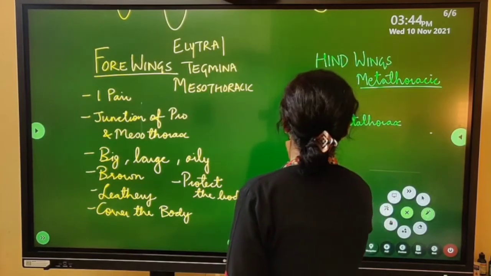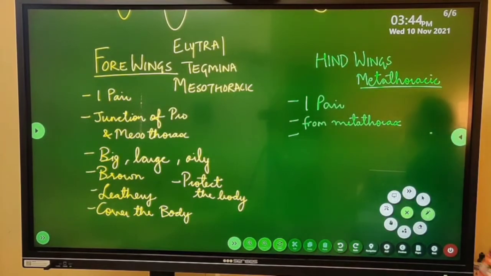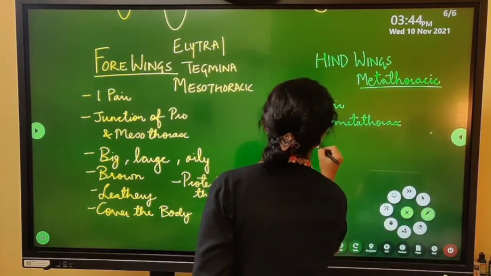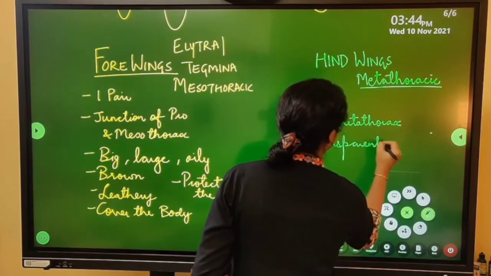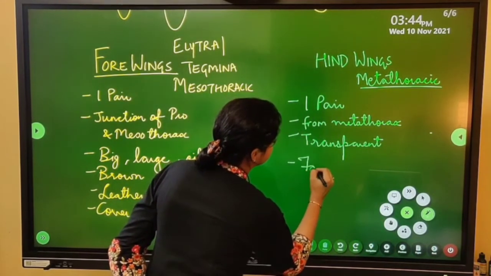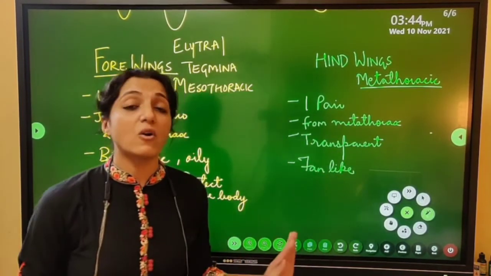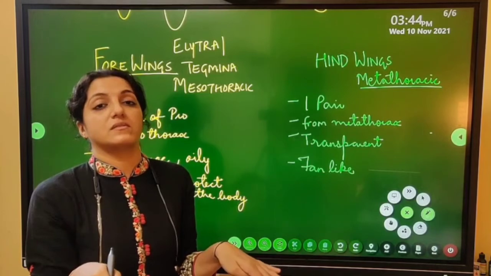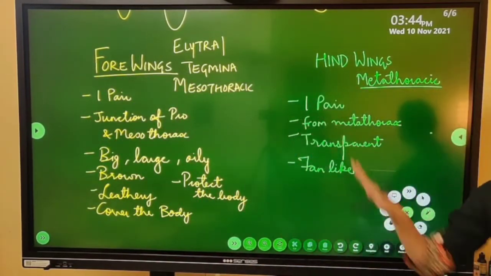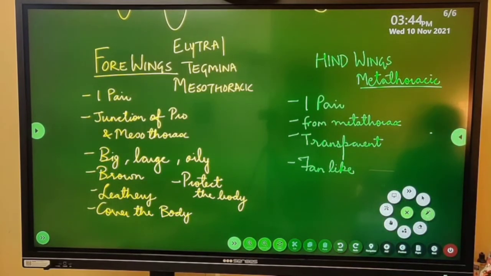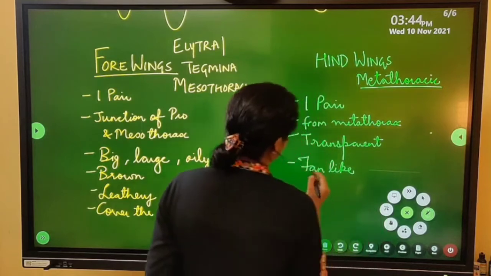They are transparent, and they are fan-like. They are not seen on the dorsal surface. जब हम ये 4 wings को हटाएंगे तब उसके नीचे हम ये hind wings देख सकते हैं. So they are not seen on the dorsal surface. They are transparent. They are fan-like.